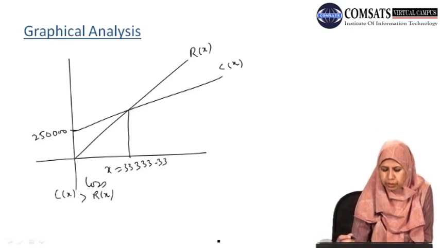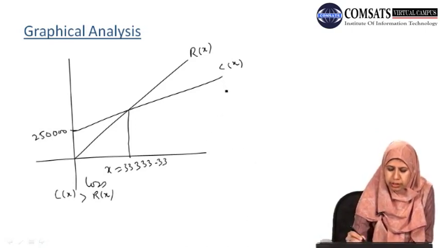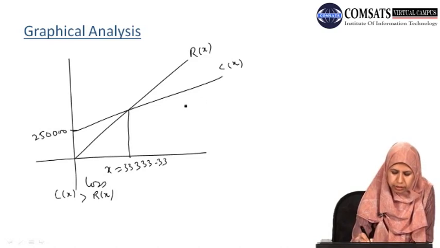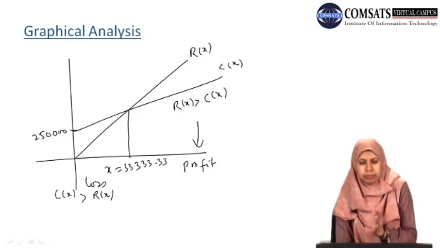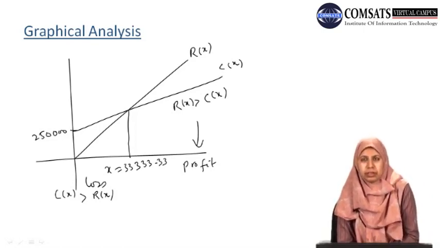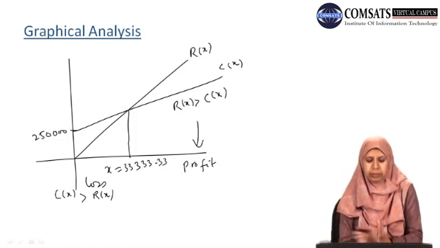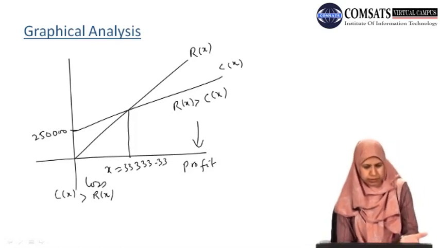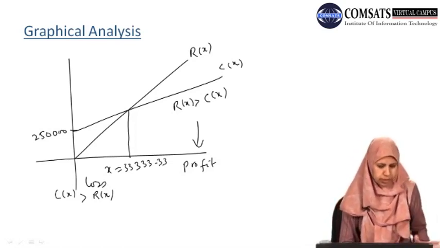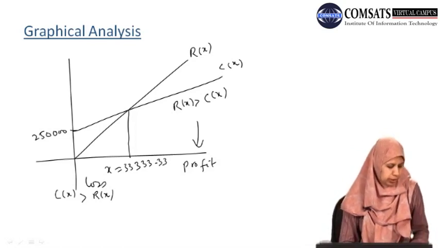If we look at the right side of our break-even point, here the revenue function is greater than the cost function. So here a firm will have a profit. That is, before the break-even point, a firm will be in loss, and right after the break-even point, the firm will be in profit. So this is what we mean graphically by our break-even point.